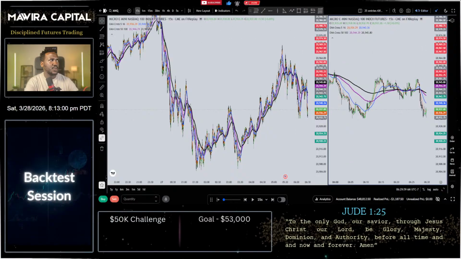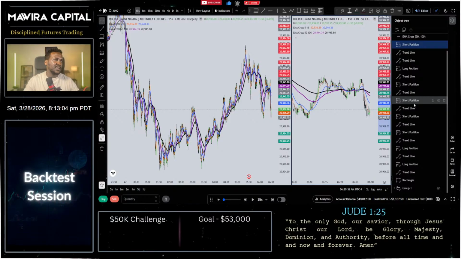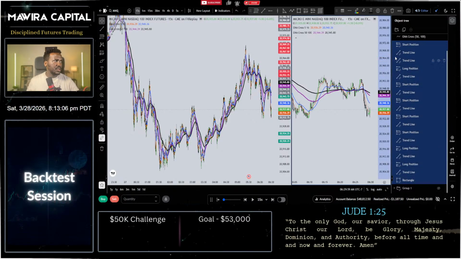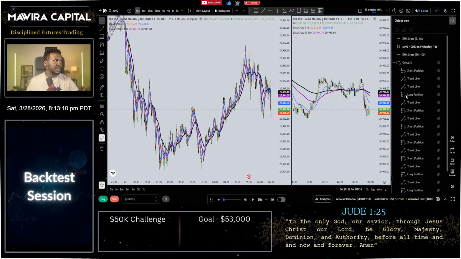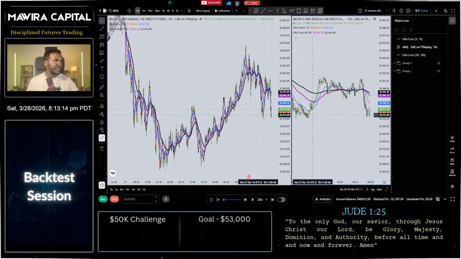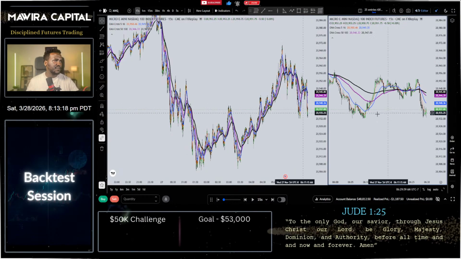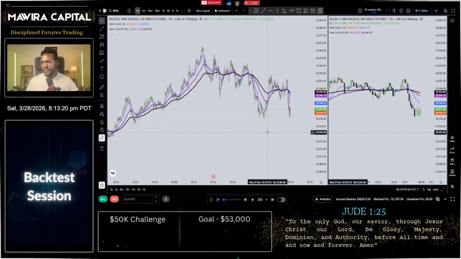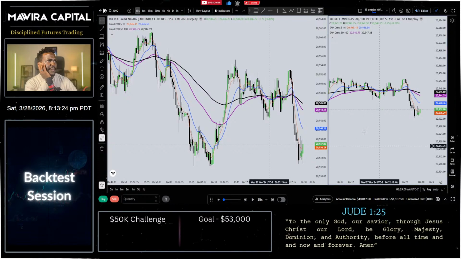These are too many drawings, so let's just get rid of all of them. Actually, they're not too many. Maybe put them in a group and then just get rid of them like that. Yep, start afresh.